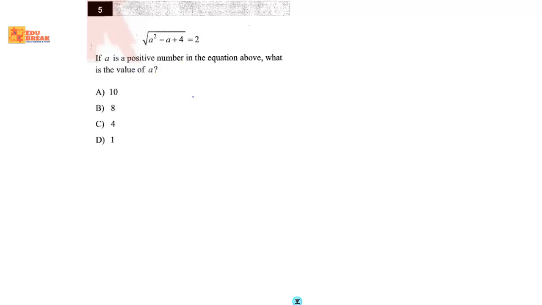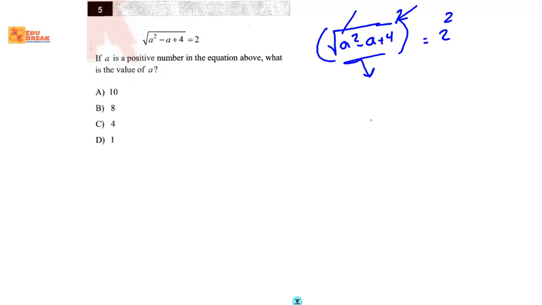Question 5, root of a squared minus a plus 4 equals 2. If a is a positive number in the equation above, what is the value of a? So how can we find the value of a? First, we will square this equation to cancel the square root. So it will be squared and all squared. As we know, cancel the square root with power 2, so it will be a squared minus a plus 4 equals 4.